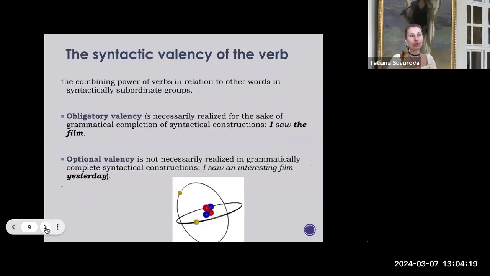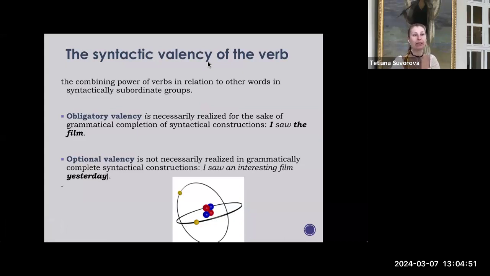Well, and of course, the syntactic valence of the verb, it is the functions. Here we speak about valency, I have taken this picture because I suppose you've heard that word from chemistry. Of course, it was borrowed by linguists from chemistry, not to create something new, and generally it describes situations and processes analogical to the processes in chemistry.